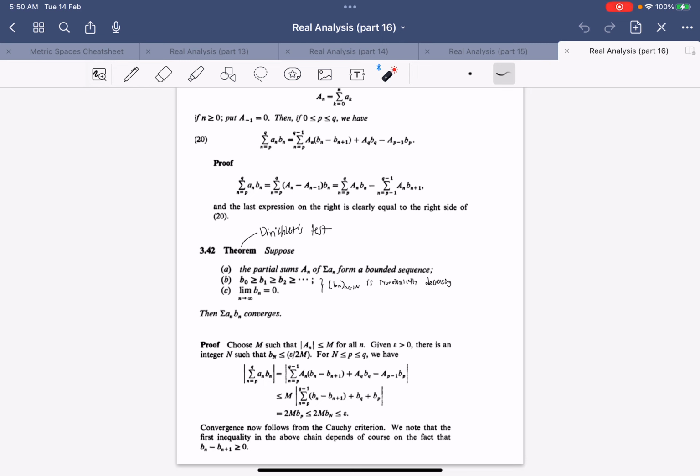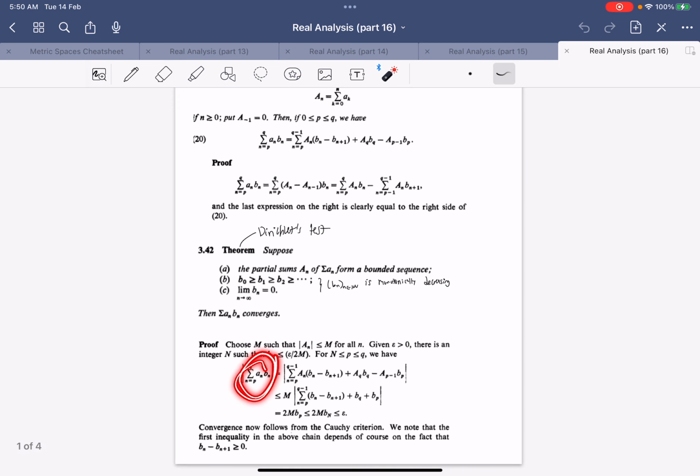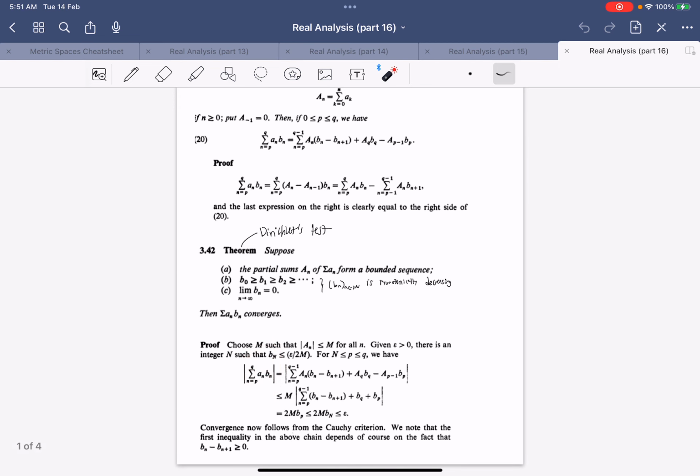And the reason for this is because you can choose an M such that A_n is bounded by it. And because you know b_n converges, given an epsilon, there is an integer such that b_n will be less than or equal to epsilon over 2M. And then you can put from p to q, and using the partial summation by parts formula, you get this following result.